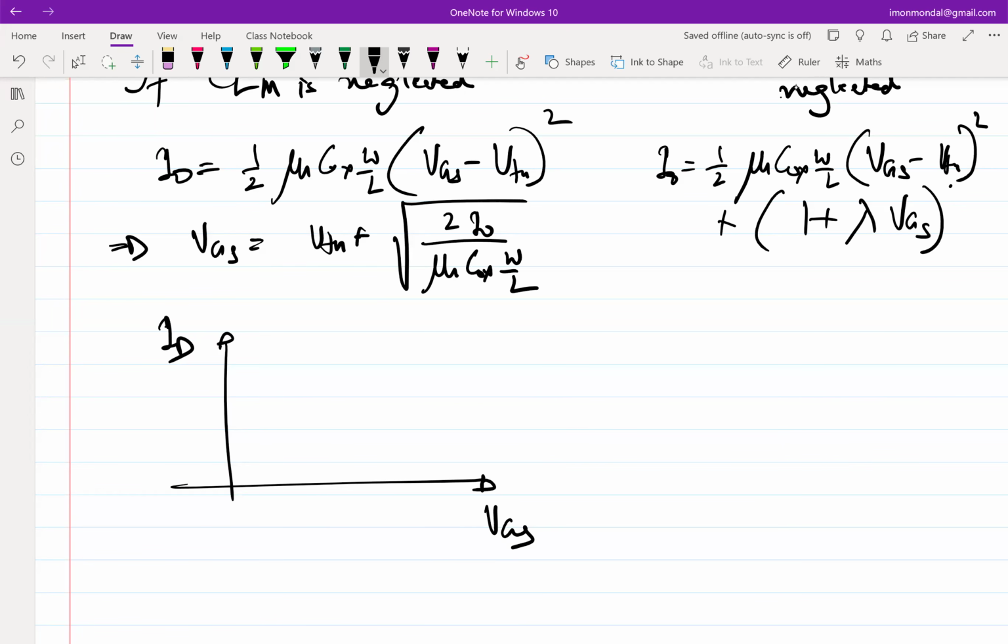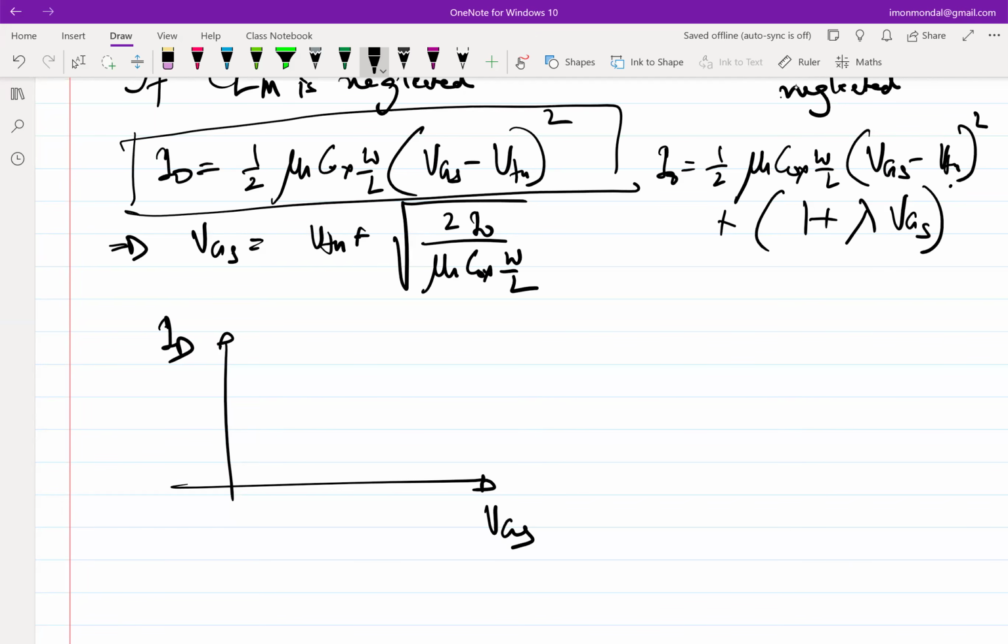And if this equation is valid, then this is our IDS with respect to VGS.